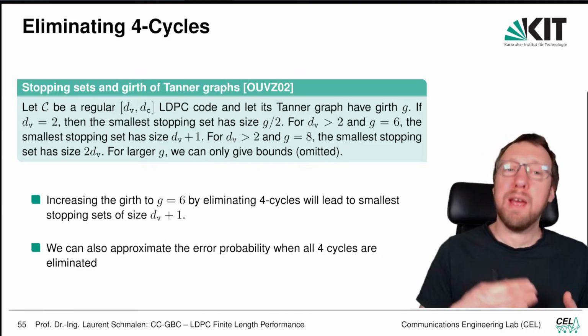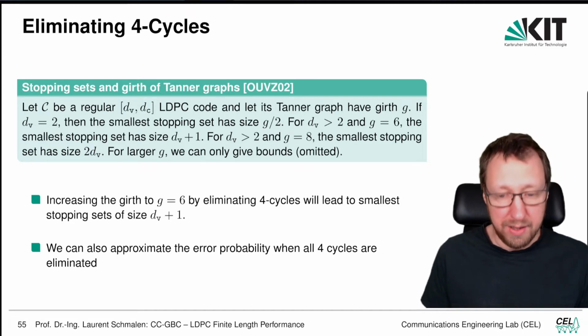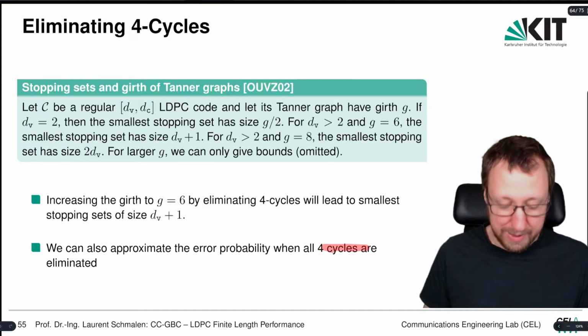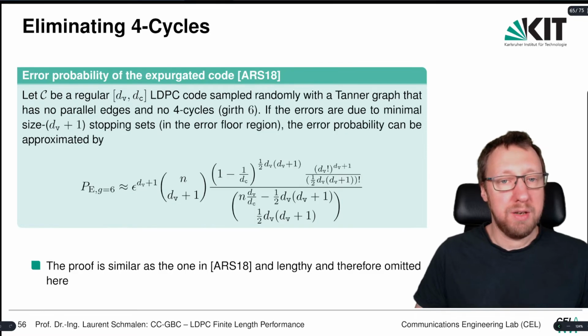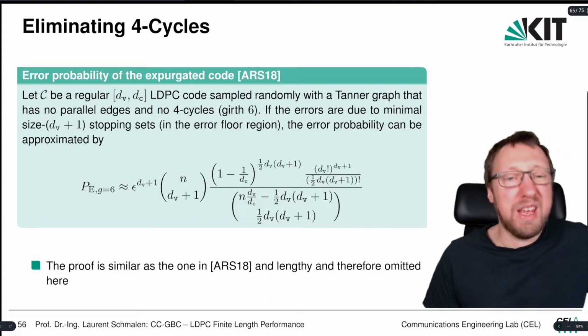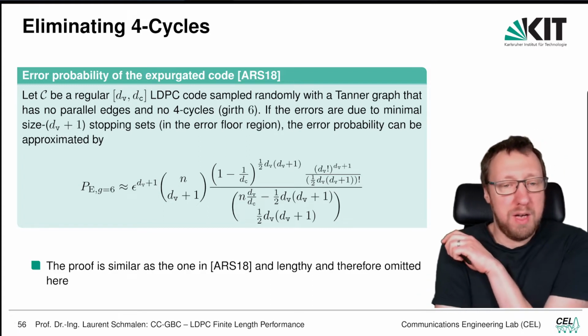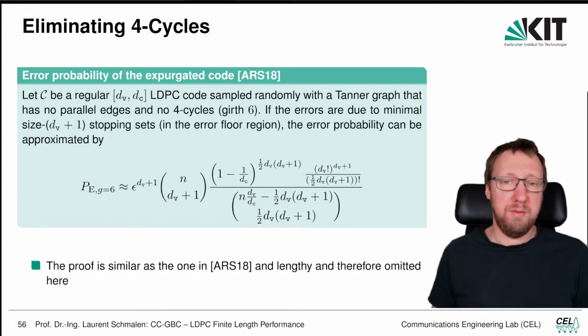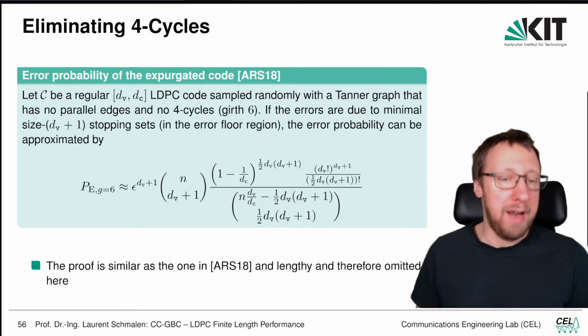And then we can approximate the error probabilities when all the 4-cycles are eliminated. So here is the result. We cannot give a good bound anymore. The calculation is pretty bad, but we can give an error probability.